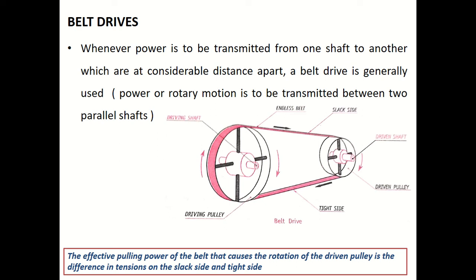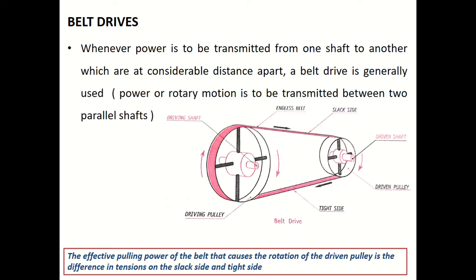The portion of the belt having less tension is called the slack side, as given in this diagram, and the portion of the belt with higher tension is called the tight side. From the wording itself we can understand: the tight side has more tension and the slack side has less tension.